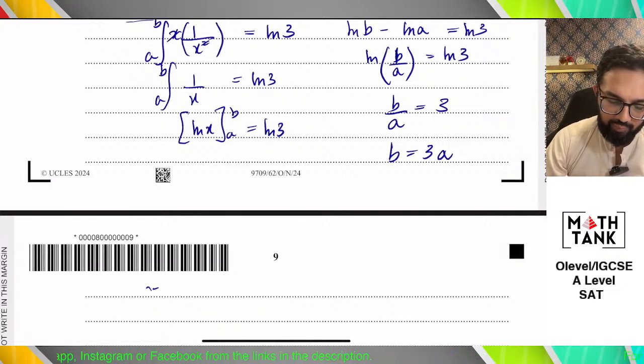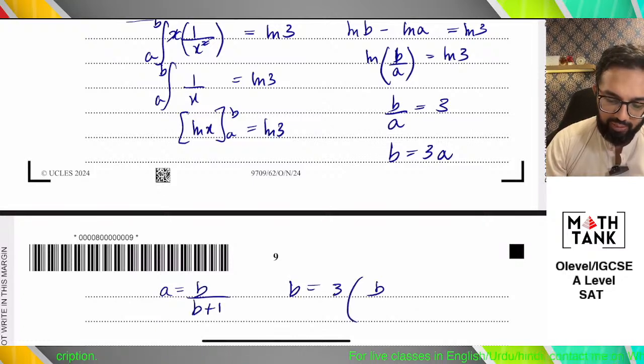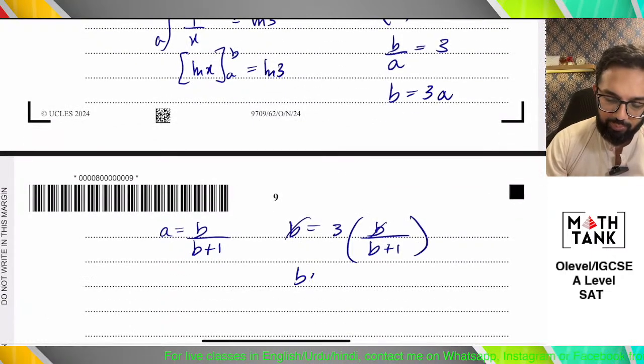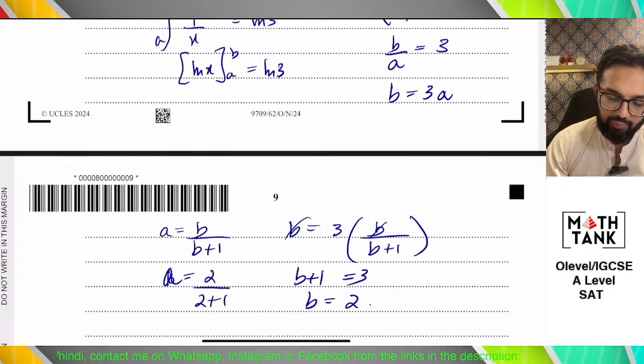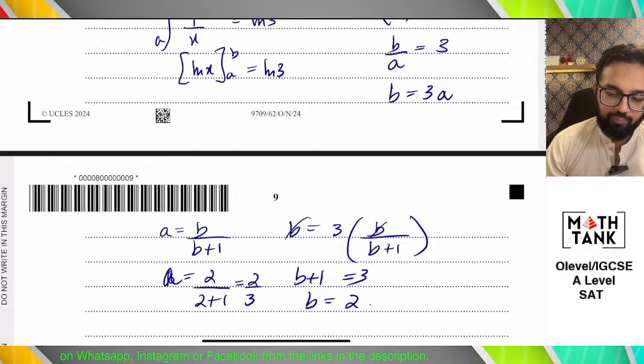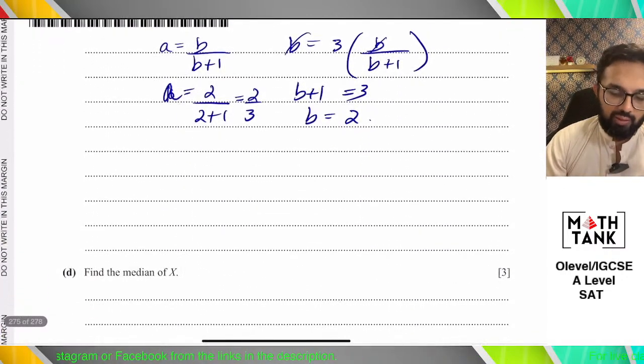I have a equals b over b plus 1, so b equals 3 times b plus 1, over b. This b cancels out with that b. B plus 1 equals 3, b equals 2. B equals 2, a equals 2 over 3. Okay, I think that's relatively simple.